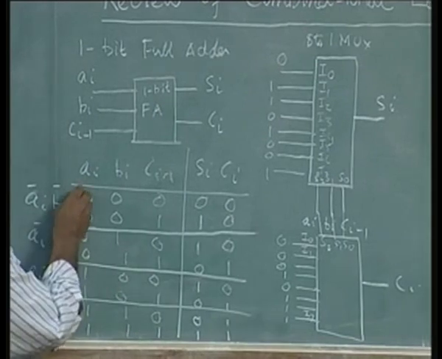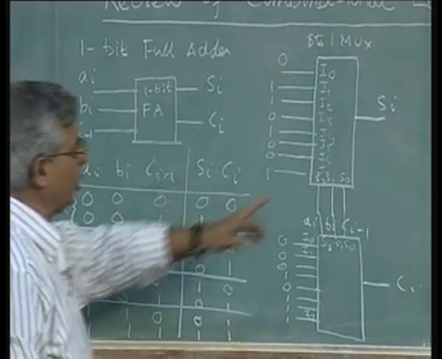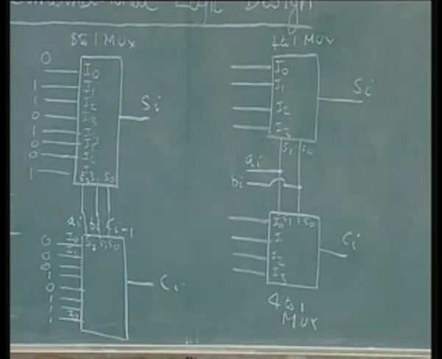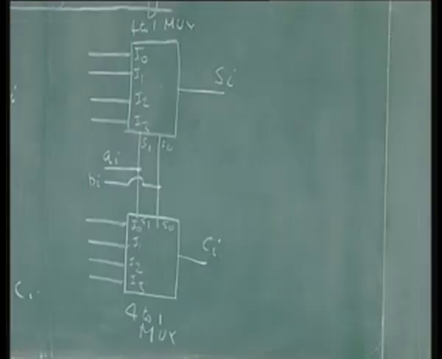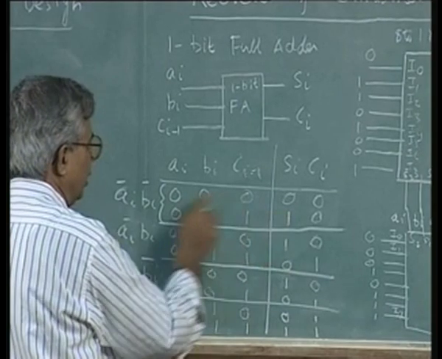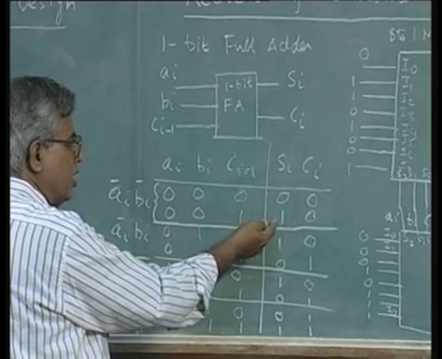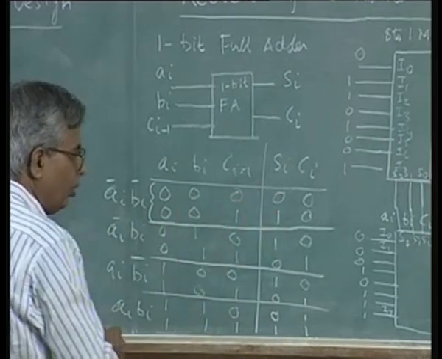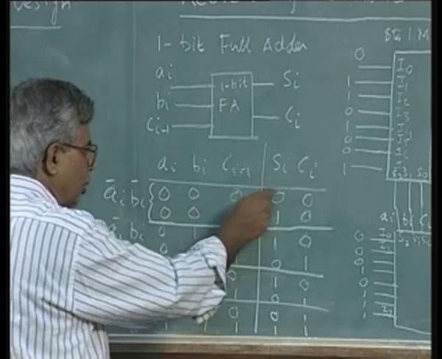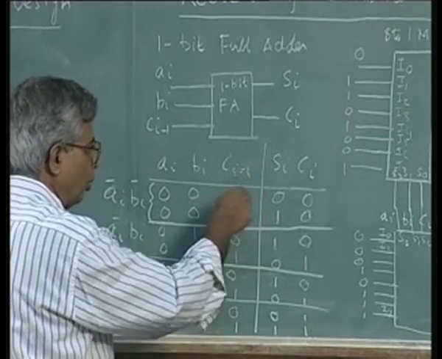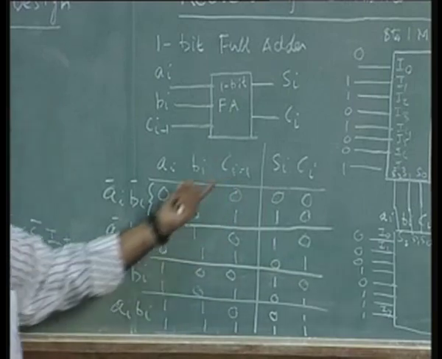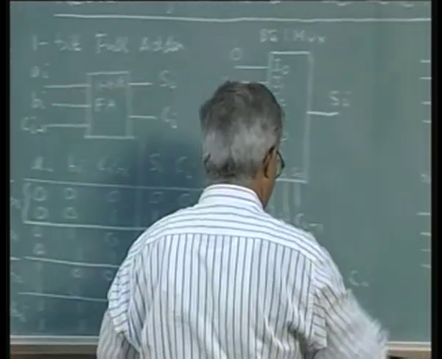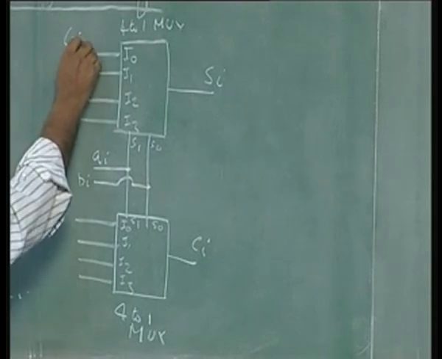Now these 2 rows together correspond to the first input here, where Ai, Bi are both 0. What distinguishes this row from this row is the Ci minus 1 value. If Ci minus 1 is 0, the output is 0, Ci minus 1 is 1, the output is 1. So that means output Si is the same as Ci minus 1. So instead of connecting a 0 or a 1, I am going to connect Ci minus 1.